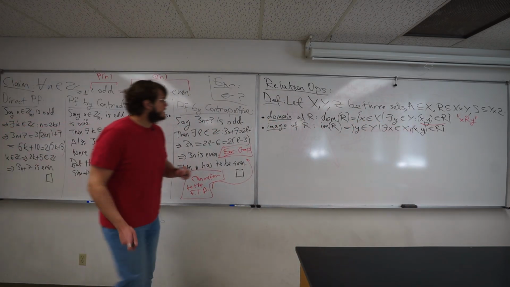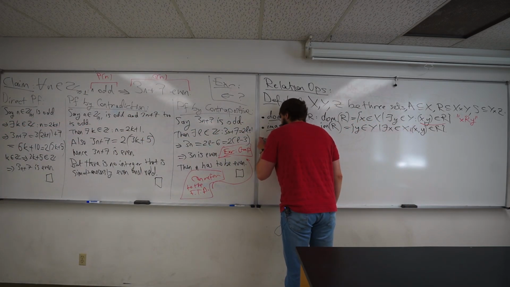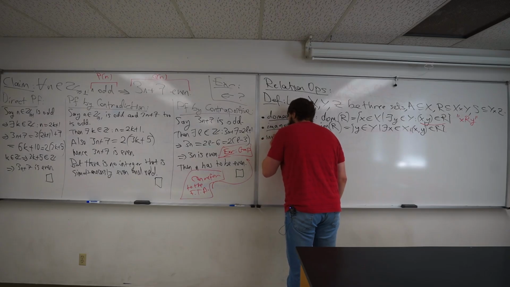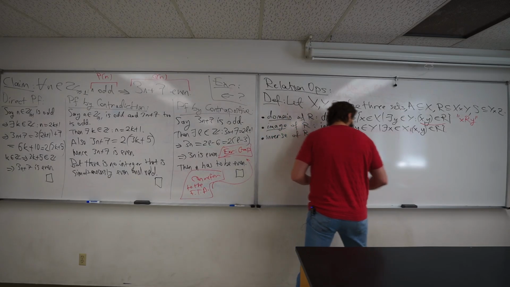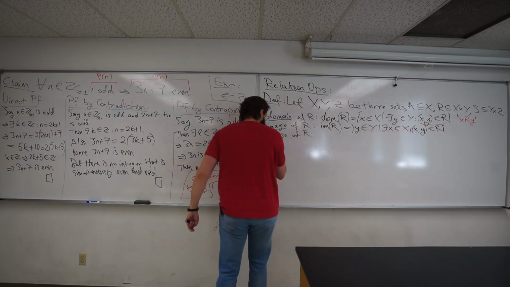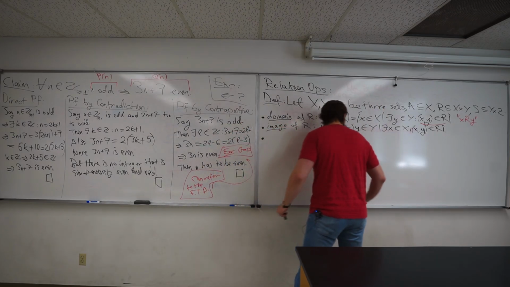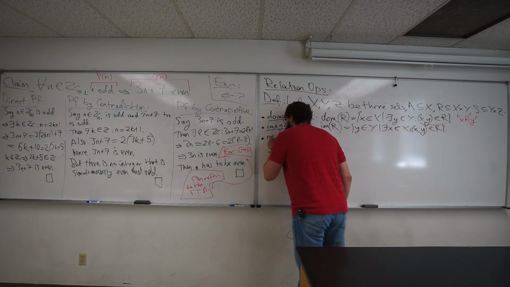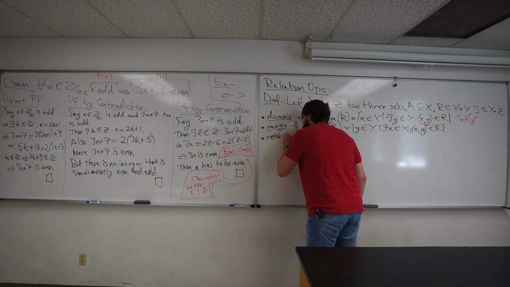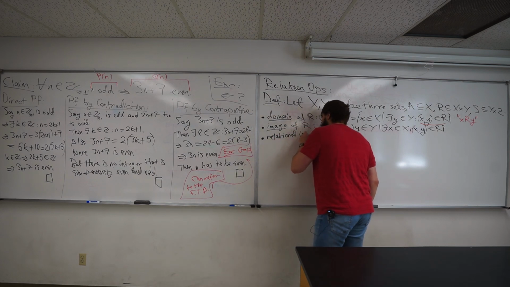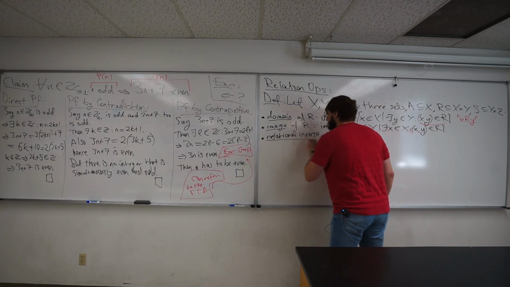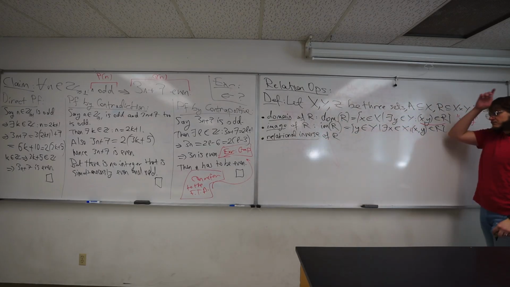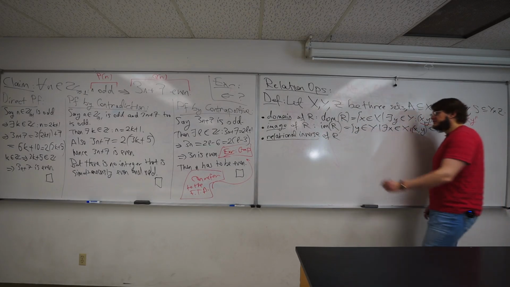What else do I need? Oh, inverse. Let me be a little bit more clear here. I'm going to call it the relational inverse. R to the minus 1, this is denoted.